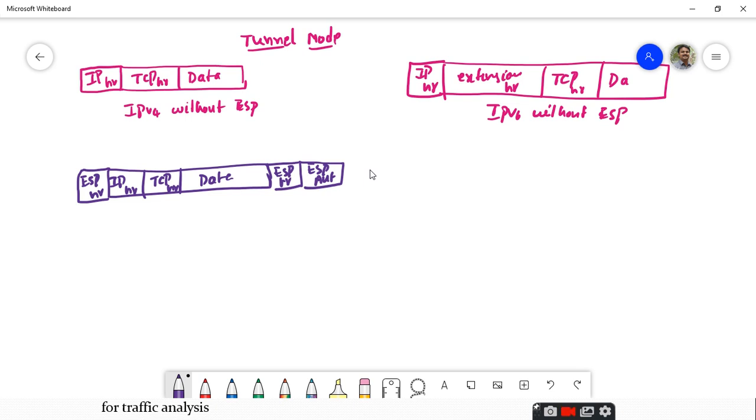And I will tell you something more about this one, but remember that this is how you are going to add the security. And as I told, the encryption always happens after the ESP header, that is from here till the ESP trailer.